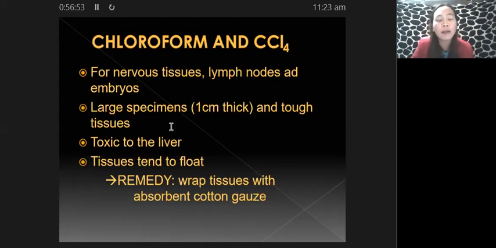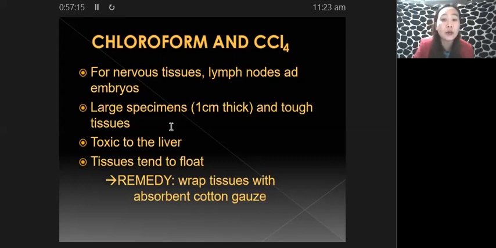Apart from that, one problem which may be encountered with the use of your chloroform and your carbon tetrachloride is that your tissues tend to float out of your solution. So what remedy can we do?